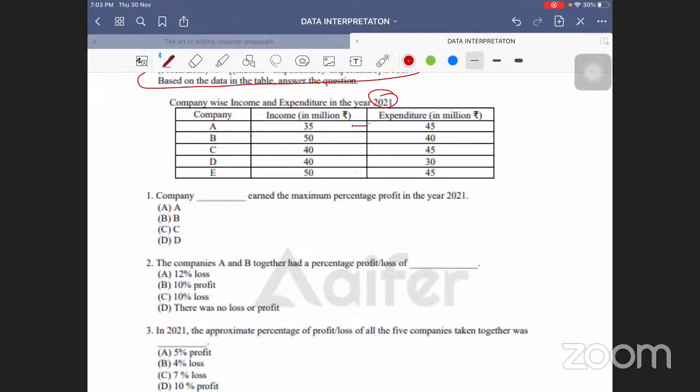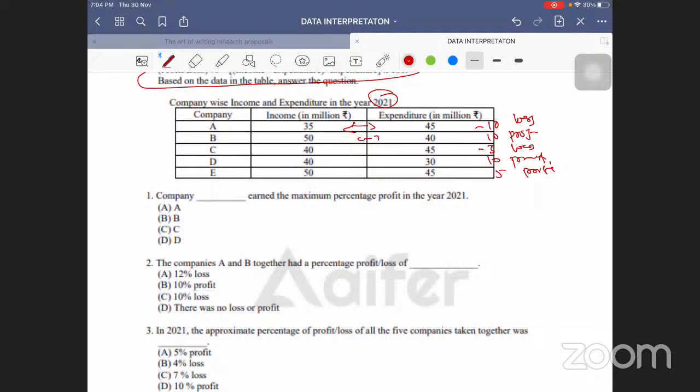So we can subtract here. 35 minus 45 is minus 10, so this is a loss. 50 minus 40 is plus 10, a profit. 40 minus 45 is minus 5, a loss. 40 and 30 is plus 10, so profit. 50 and 45 is a 5% profit.